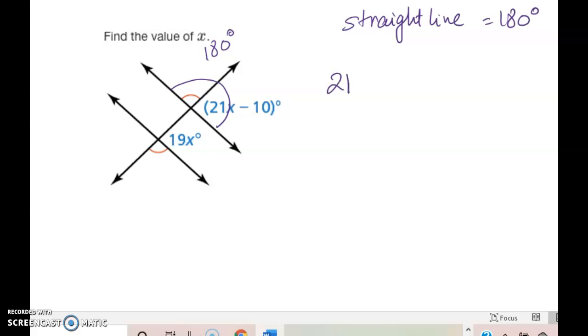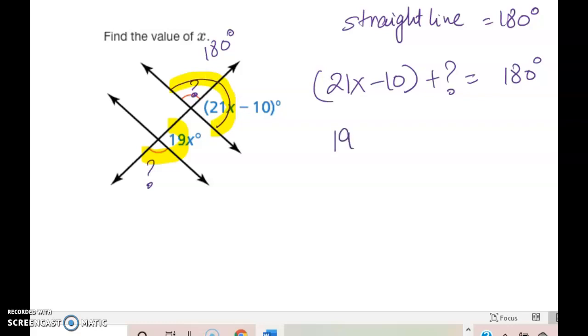So can I say 21x minus 10, and this red mark, let's label it as question mark, for simplicity's sake. Plus question mark should be equal to 180 degrees because it's a straight line. Now again, another straight line is right here with 19x and this question mark. One was right here. Okay. So I will do the same drill.